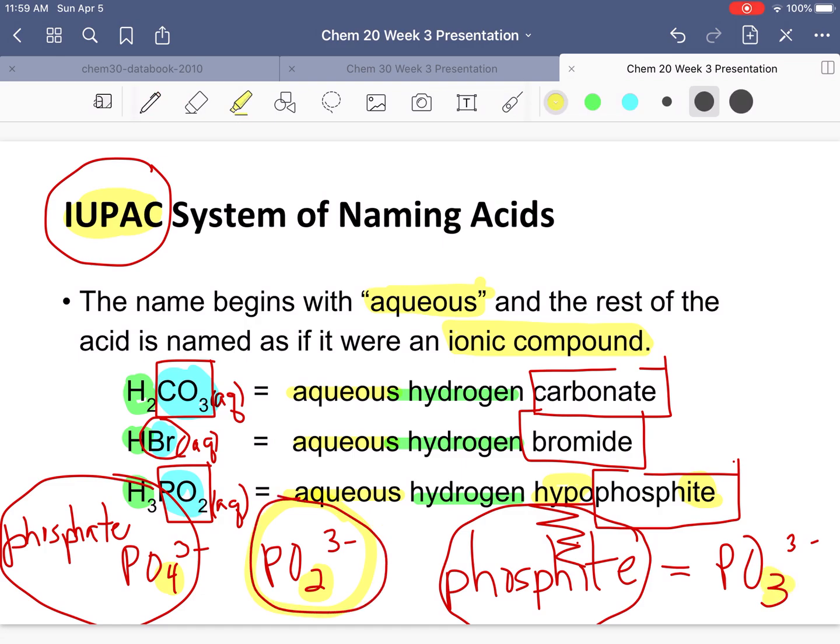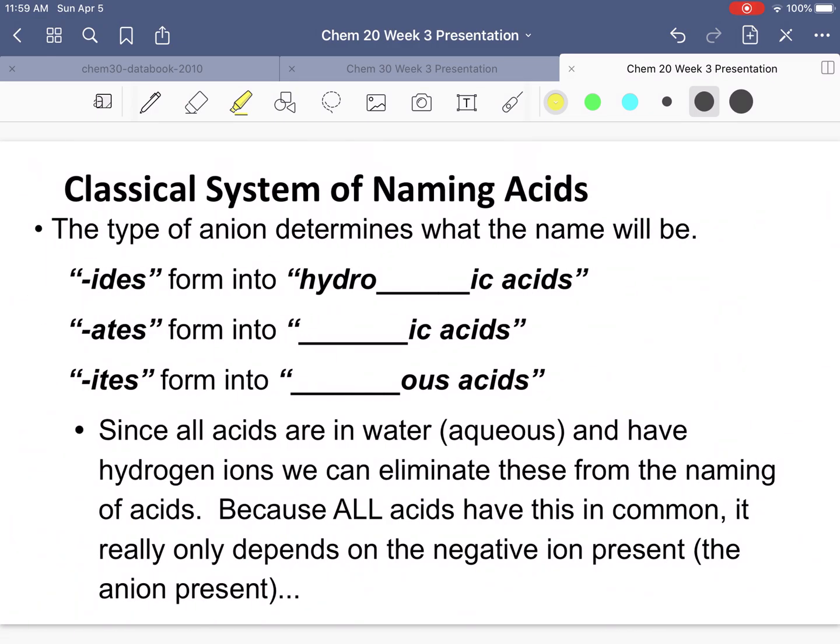And notice the oxygens: 4, 3, 2. Interesting. We'll come back to that afterwards, but just be aware that I'm introducing to you a new way that we can use the polyatomic ion table to figure out some more different polyatomic ions. Okay. Let's keep going. IUPAC naming's pretty easy then, right? Aqueous, hydrogen, and the anion.